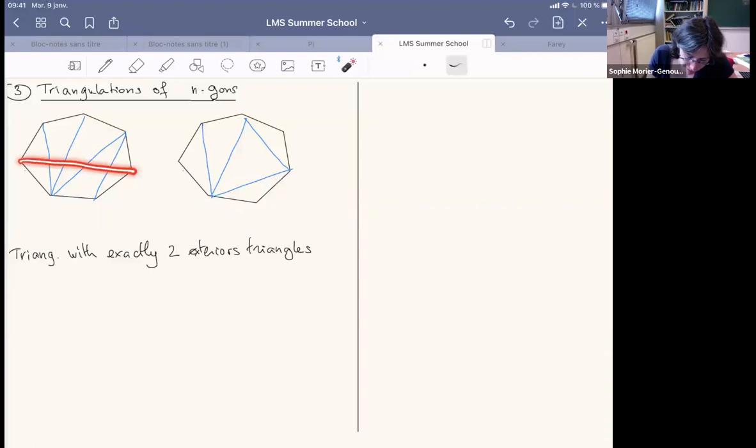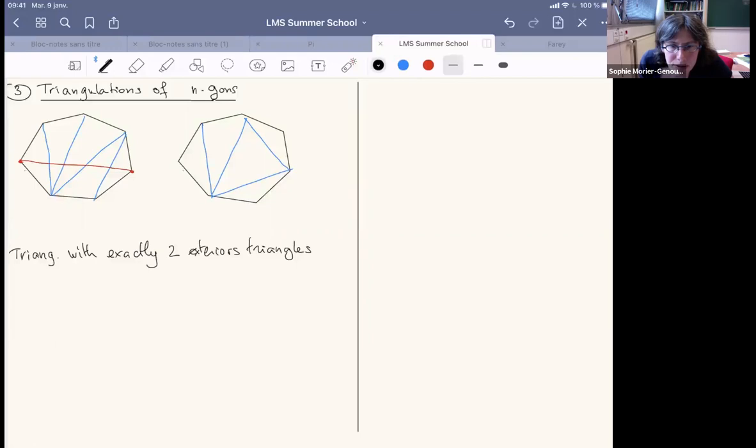This red line organizes the triangulation as follows. There are triangles that have the base above the line, and then there are triangles that have the base under the red line. It's a small picture, so you cannot see, but that is basically what you have. Sorry, there is a question in the chat.